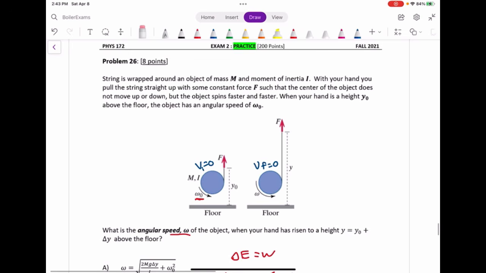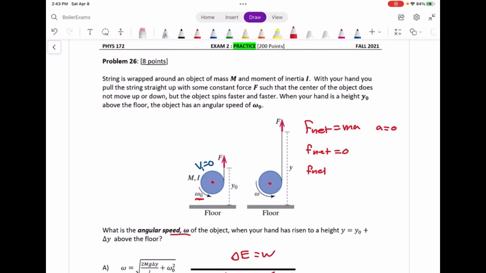Let's go up here. So we know an interesting thing about this problem is that it's not accelerating upward or downward. We know F net equals ma, and it's staying stationary here, so acceleration is 0. Therefore, net force has to be 0.